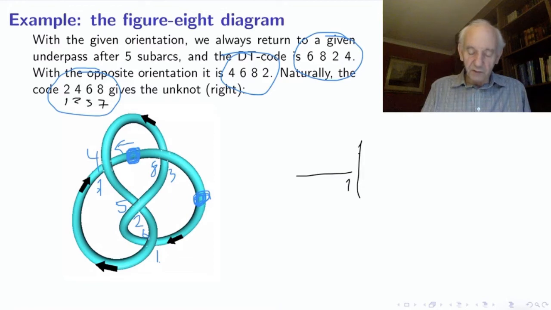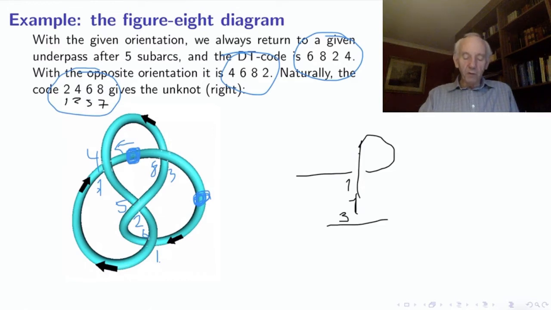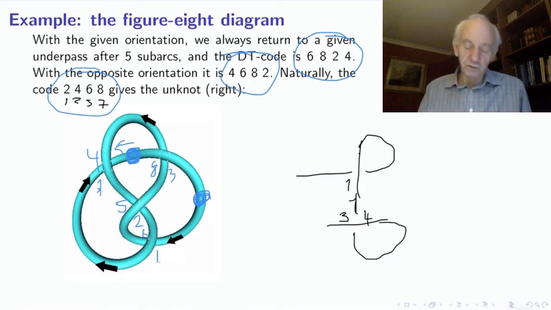So the only way I can sort that out is to loop back. And then 2 comes to 3, and that's going to be overpassed by number 4. So the only way I can sort that one out is to loop back to 4 like that, and then you begin to get the idea of what's going on.